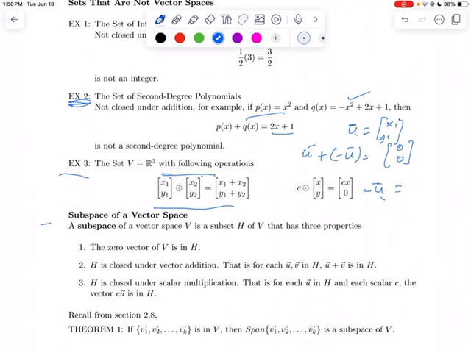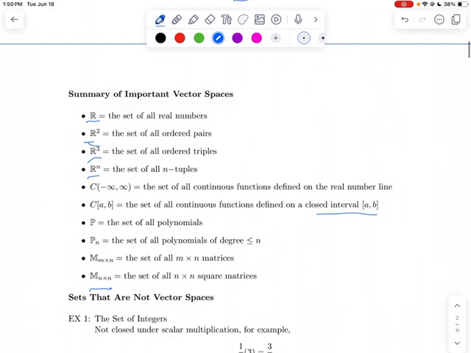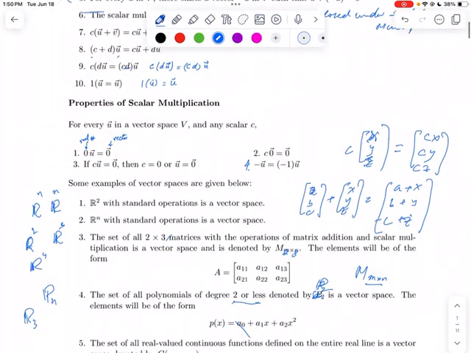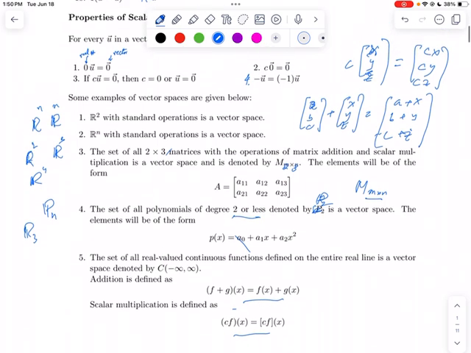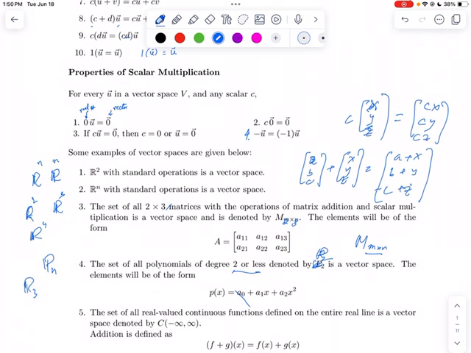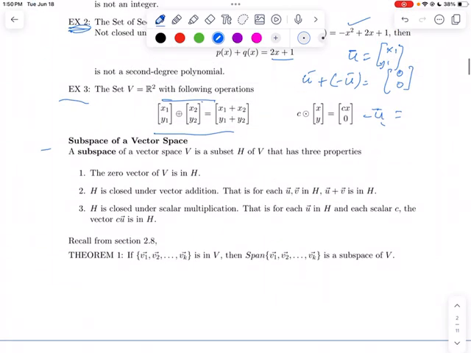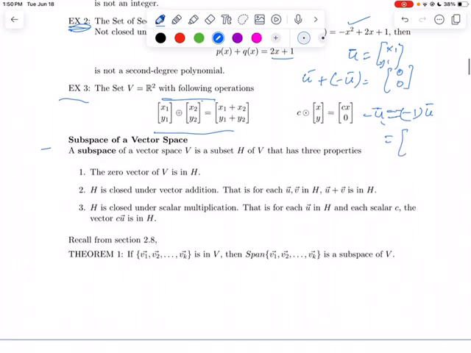Remember up there we saw that one of the properties of the scalar multiplication was that negative u means negative 1 into u. So when I do negative 1 into u, then according to this scalar multiplication, which is defined here, because we have to use that scalar multiplication, this one, I will get negative x1, but here I will get a 0.